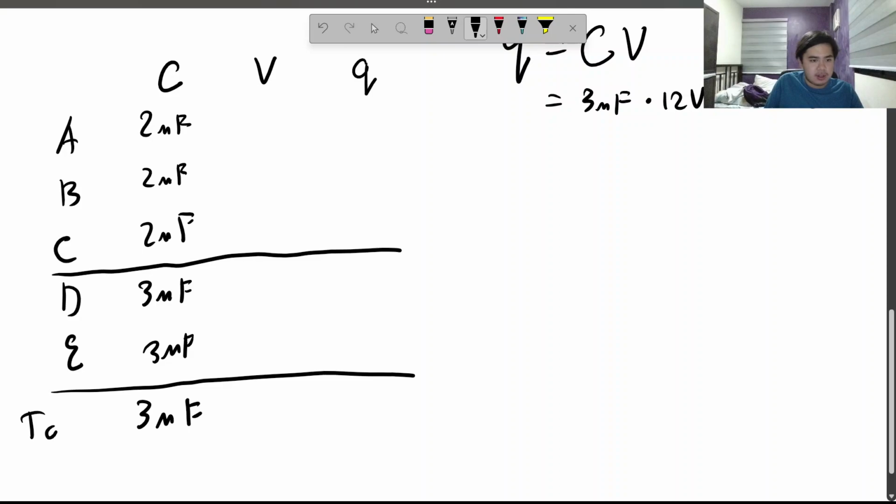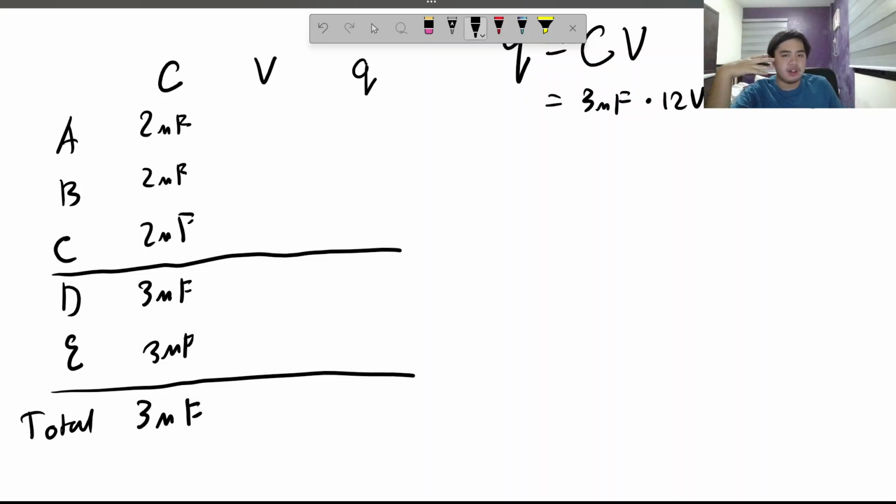This is the total or equivalent capacitance. How can we find the voltage? How can we find the charge? We know the total charge is going to be 36 microcoulombs. So first we can find the charge.